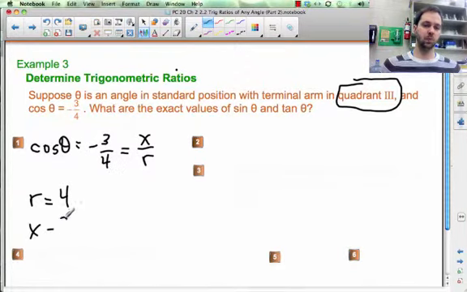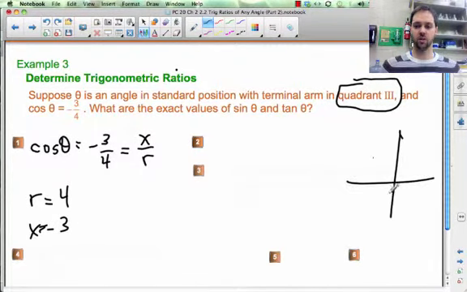We could have predicted that anyway because we were told that this is in quadrant 3, and in quadrant 3 our x value is negative. We also know that in quadrant 3 our y value is negative, and that's going to be important information as well. So how do we find the sine?